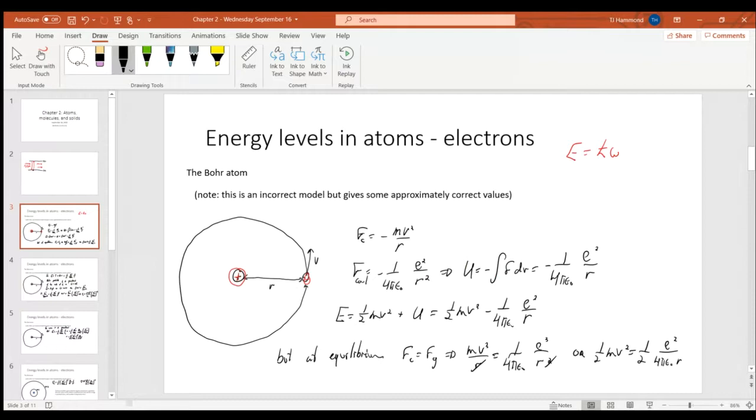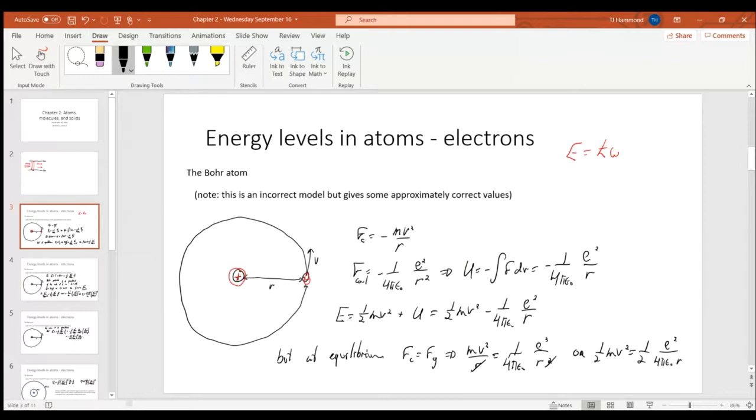And that Coulombic force is negative 1 over 4 pi epsilon naught e squared over r squared. And so to get the potential from that, you integrate negative F dot dr, and that gives you negative 1 over 4 pi epsilon naught e squared over r. And I'm sure from second year mechanics you remember this.